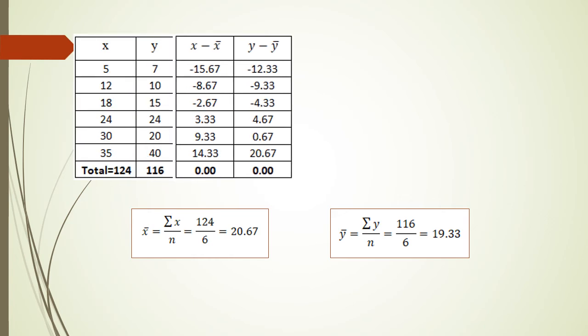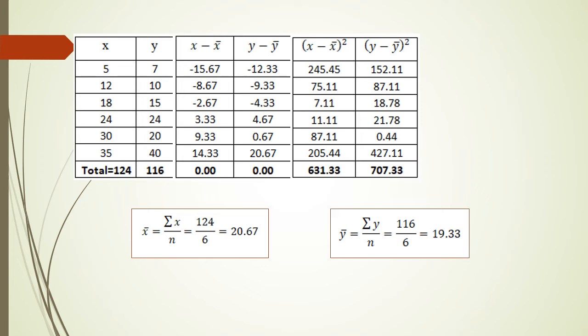Then we subtract x bar from each value of x and y bar from each value of y. Note that these totals are zeros. Then we square each x minus x bar and find the sum, that is summation x minus x bar squared.